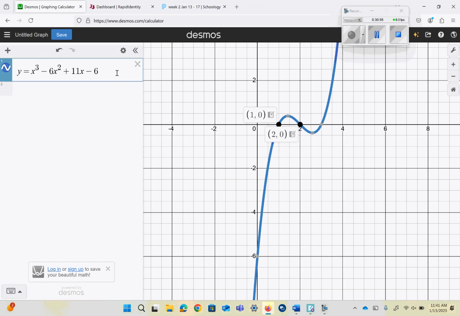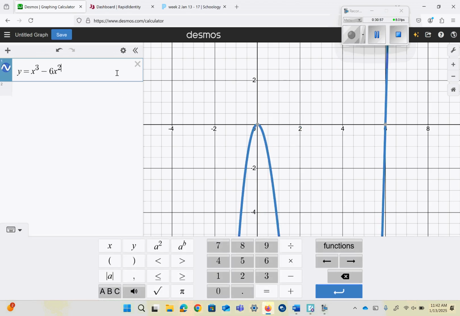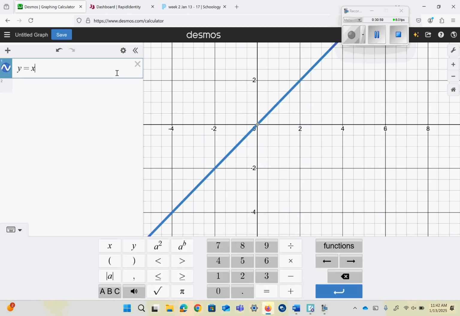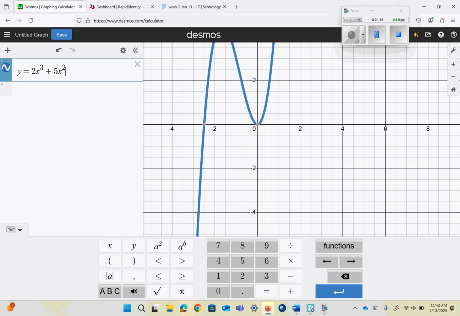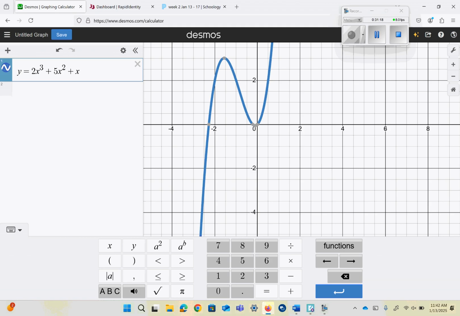And last one. Two x raised to the third. Whoops. Thank you. Plus 5x squared plus x minus 2.